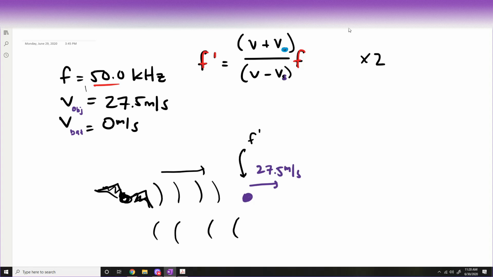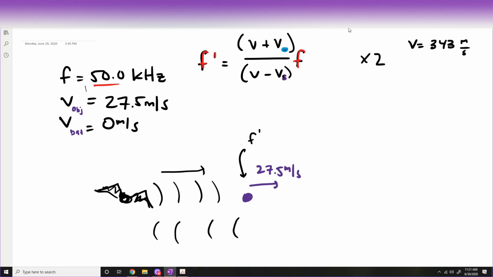Now I'll break this equation down for you. The f prime here is the apparent frequency, or the frequency that's observed. The v here is the speed of sound, which is 343 meters per second in air, given in the textbook.